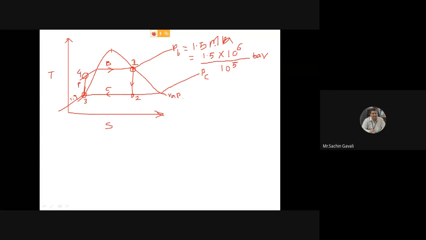So 1.5 megapascal we write in pascal, and pascal divided by 10 raised to 5 gives the answer in bar. Final answer is 15 bar. So first of all, we have to convert the pressure from pascal into bar. And here at boiler, what is pressure? 15 bar.